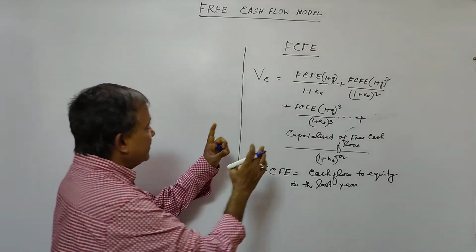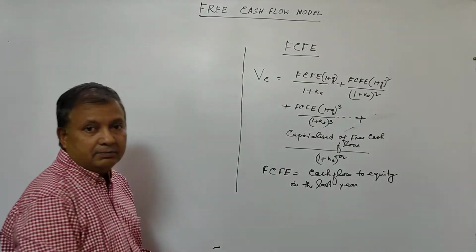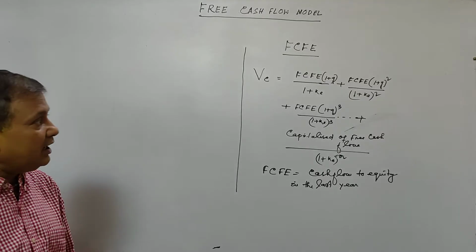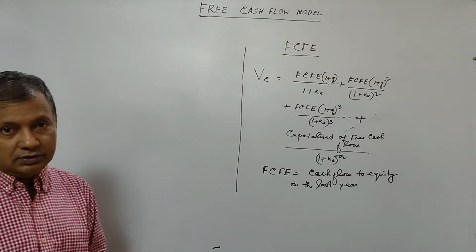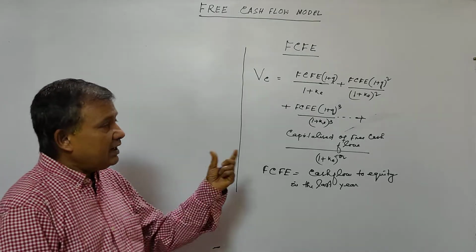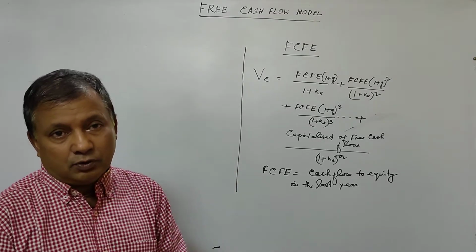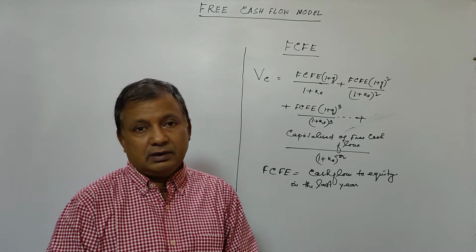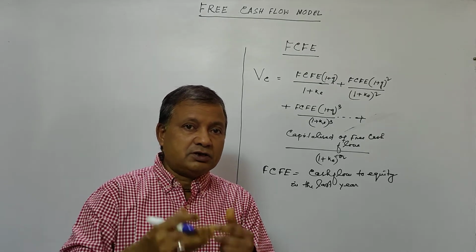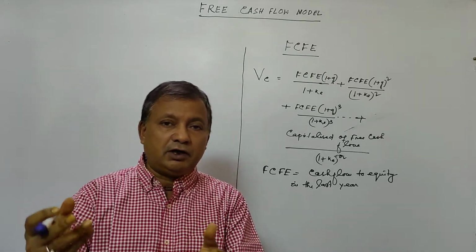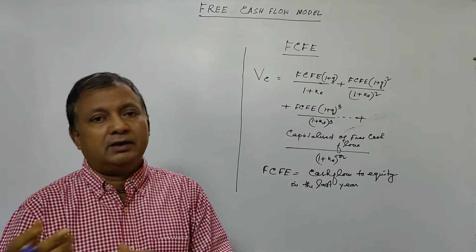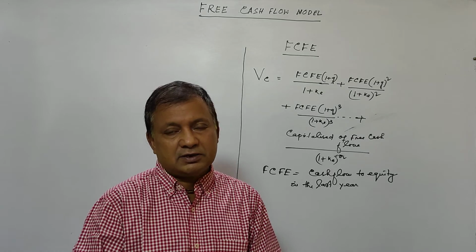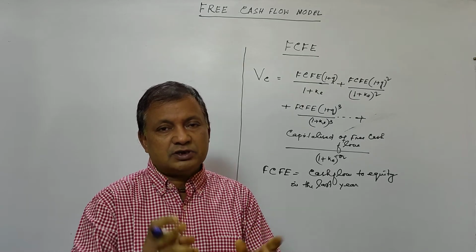And here many types of model may be coming, that is only one growth. There may be two sets of growth. For some time it will continue at 10%, for example, then 6% for some period. That is two-stage growth.